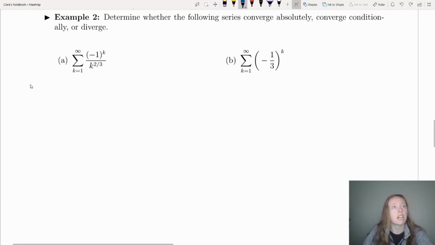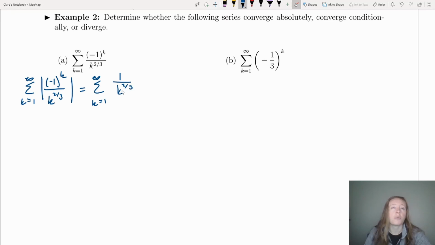Well, if I write out the absolute value, we get a series where we have 1 over k to the 2/3. And 1 over k to the 2/3 is what? Well, it's a p series, and it diverges. It's a p series that diverges because our p-value is 2/3, which is less than or equal to 1. So I know that the absolute value of my series diverges.